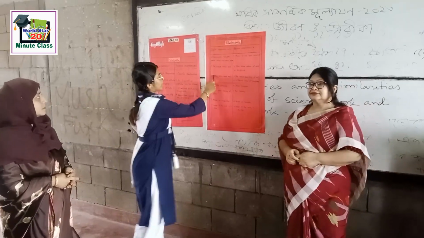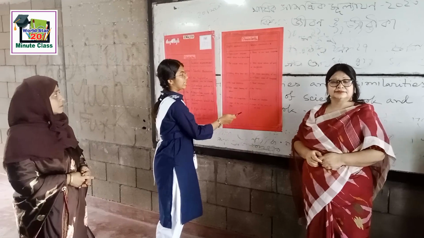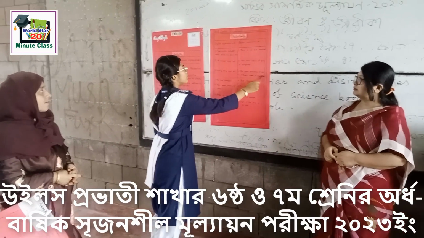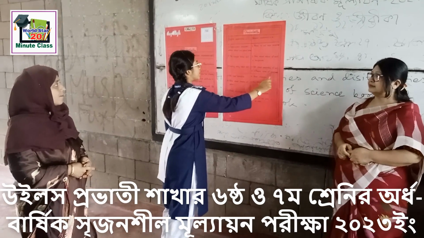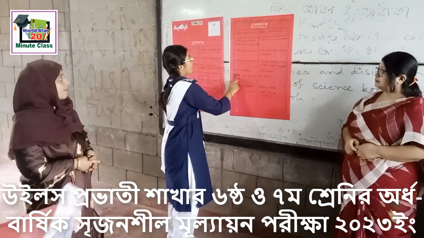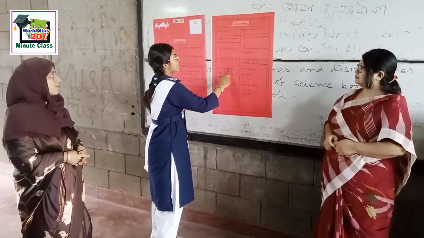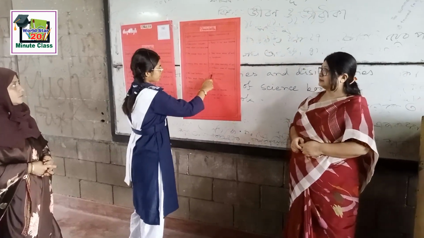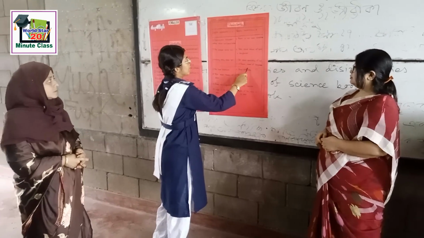Number 3, nothing about soil in English, but science tells about the speciality of soil in different areas of Bangladesh. Number 4, no tea plantation in English experience 1, but there are tea plantations in science experience 1.